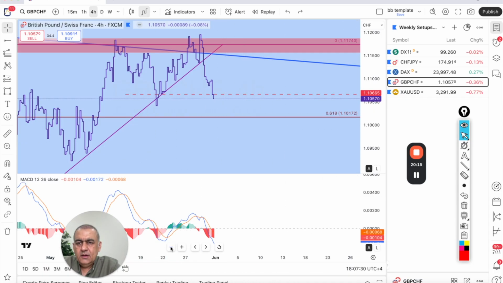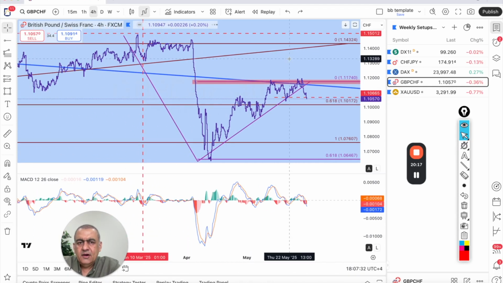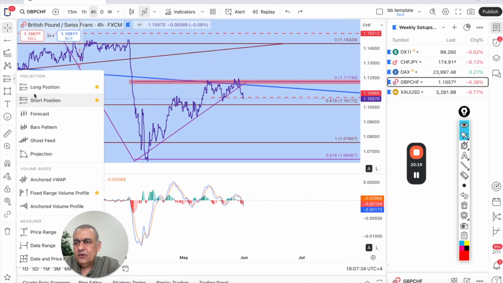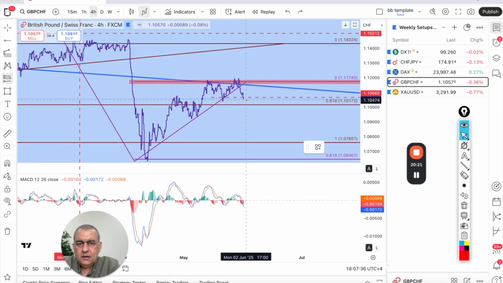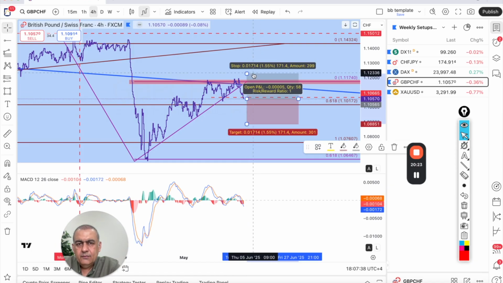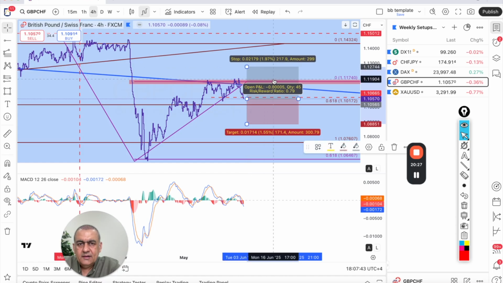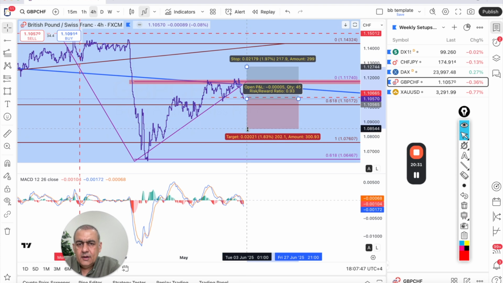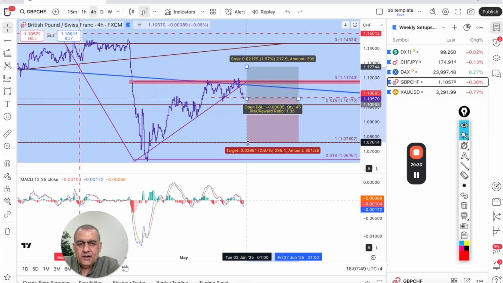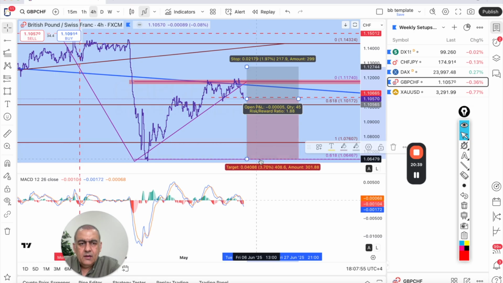So how can we trade in the bearish direction? So if you set up your trade at the current market price, you can protect your trade with a stop loss slightly higher than this red band, which is the resistance area, and you can aim for the first target, which is 1.35, not so amazing. So the next target would be around 1.0646.